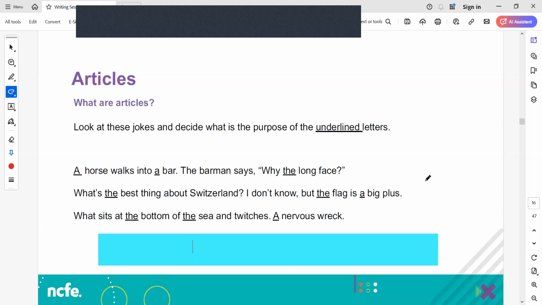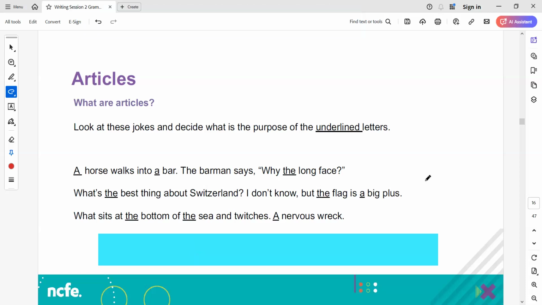A horse walks into a bar. The barman says, "Why the long face?" What's the best thing about Switzerland? I don't know, but the flag is a big plus. What sits at the bottom of the sea and twitches? A nervous wreck. So what function do the underlined words have?